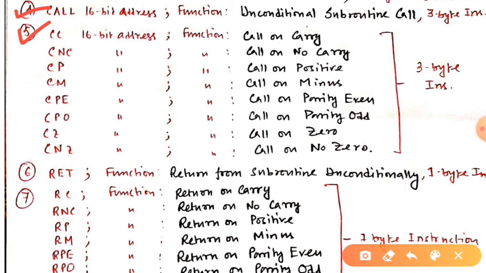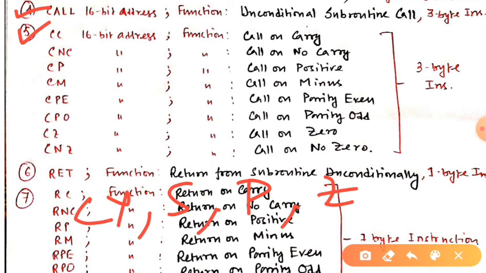And condition means we actually check the content of the flag register. Already we have seen the 4 flags: carry, sign flag, parity flag, and the zero flag. These 4 flags are actually checked before transferring the program execution to the specified memory address.